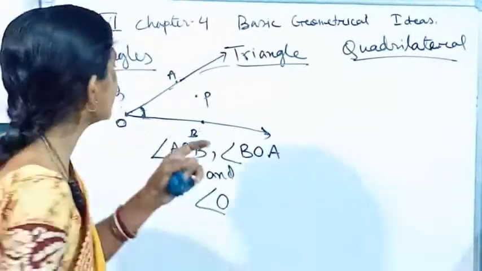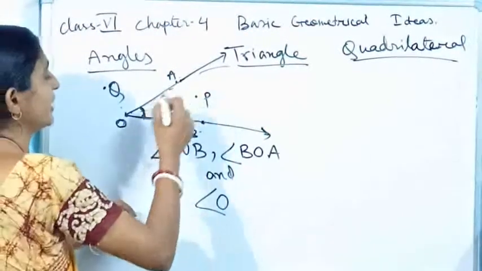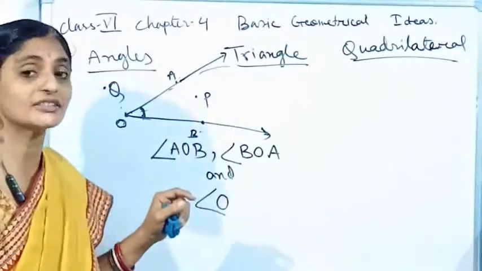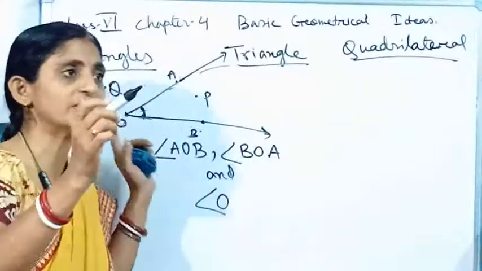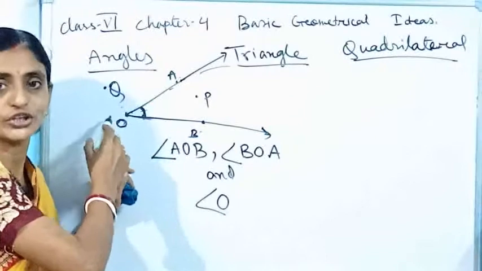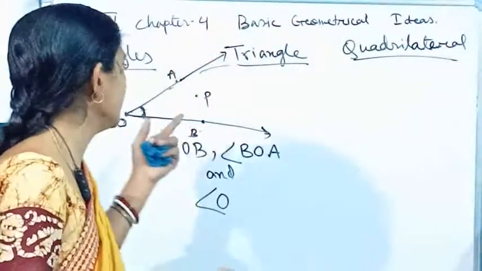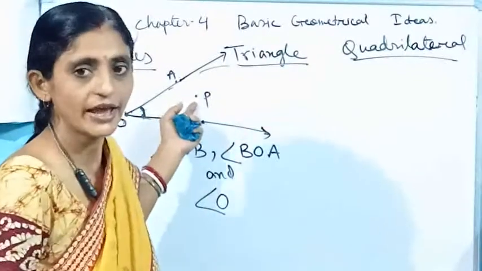Yes, it is point P. Point P lies in the interior of this angle AOB. But which one lies in the exterior? That is definitely point Q. Point Q is in the exterior of angle AOB, and point P is in the interior of angle AOB.